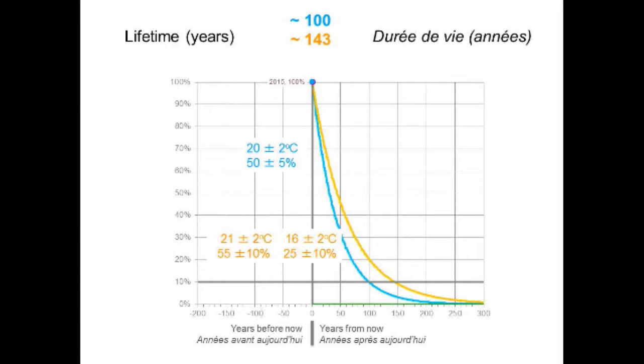This is the graph where it's warmer in the summer, a little bit cooler in the winter. You see here, warmer, this is summer, this is winter. It's humid in the summer, it's dry in the winter, and the fluctuations are like plus or minus 10 on average. And actually, you know what? That stuff's going to last about 143 years. Why?